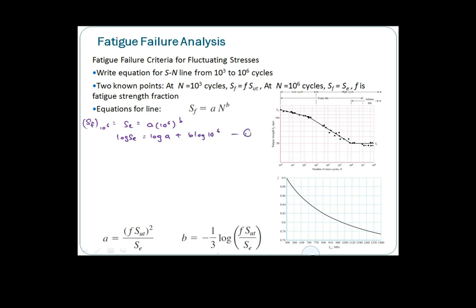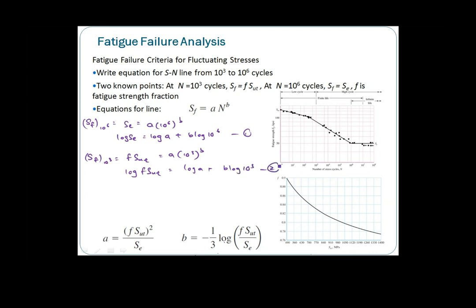That is my first equation. The second one is Sf at 10 power 3 equals f Sut, a fraction of my ultimate strength, equals A times 10 power 3 to the B. Taking log on both sides, log f Sut equals log A plus B log 10 power 3.